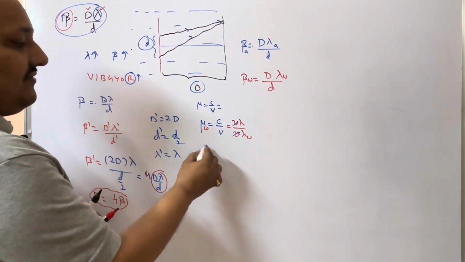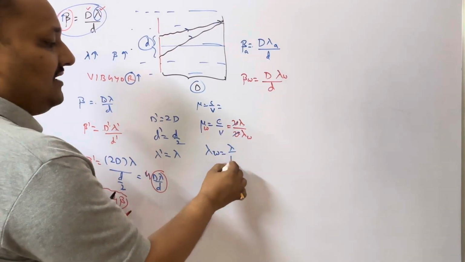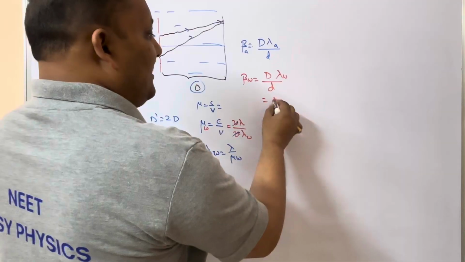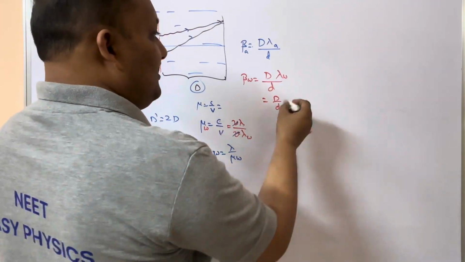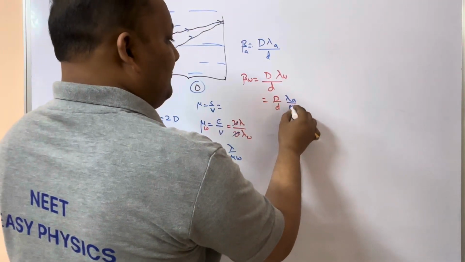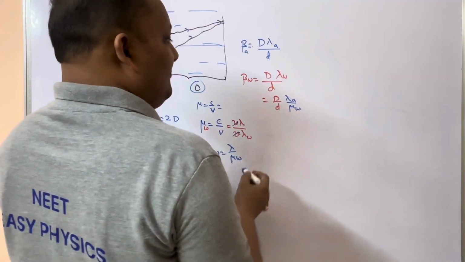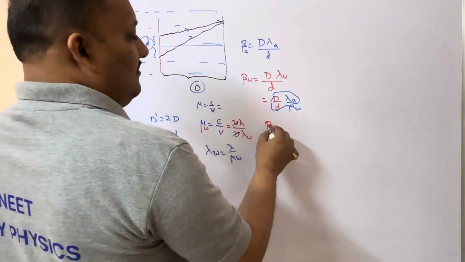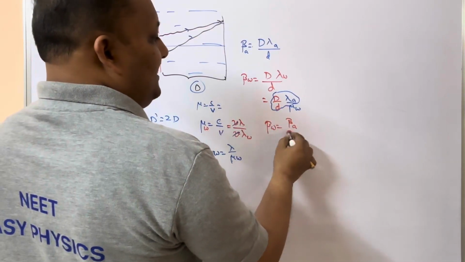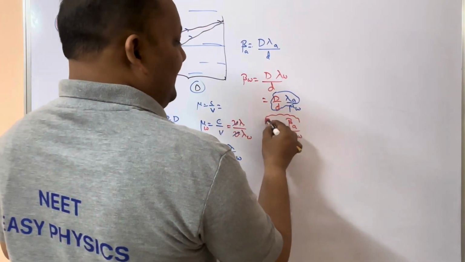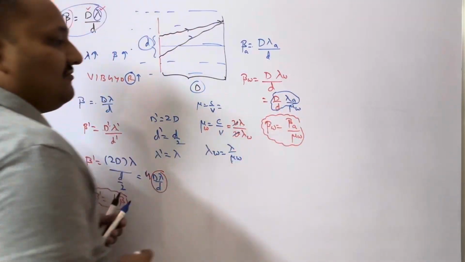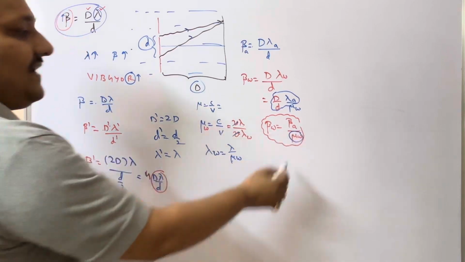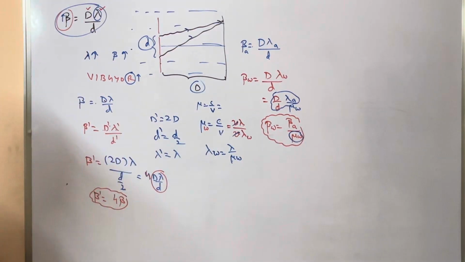Frequency is not changing. Therefore, lambda in water is lambda by mu. So in place of this, we can write D lambda air by d divided by the refractive index of water, so the fringe width in water is the fringe width in air divided by the refractive index. So the fringe width in water is going to decrease. If they give a liquid, they will give the refractive index of that liquid.